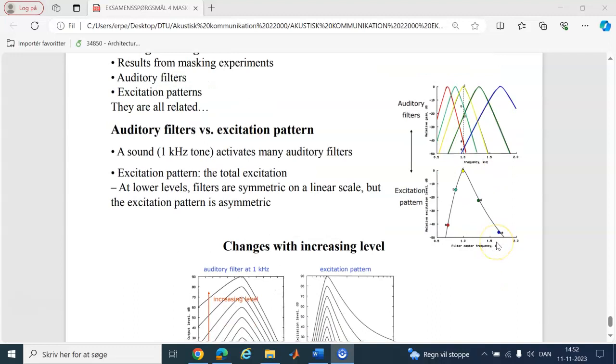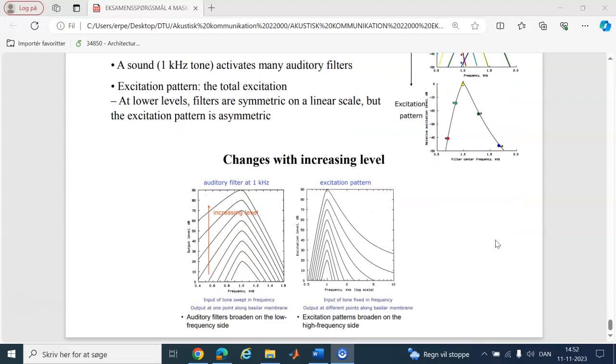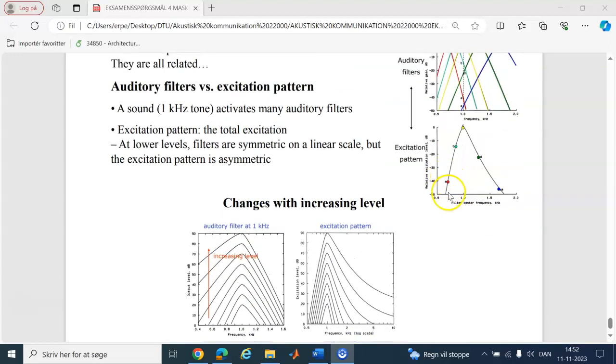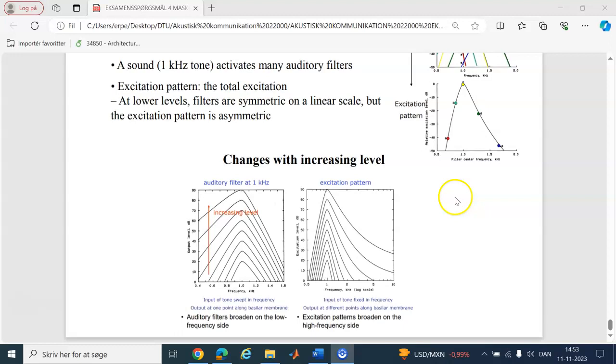Okay. Then you get this excitation pattern. You draw a curve through those intersection points and parallel translate it according to the center frequencies.